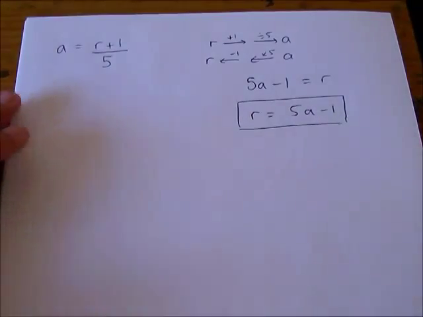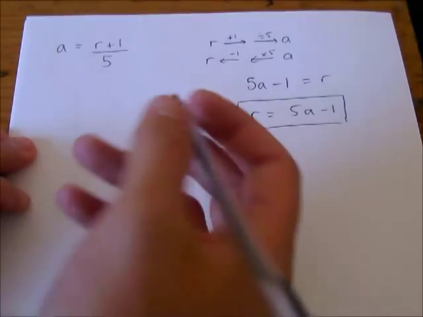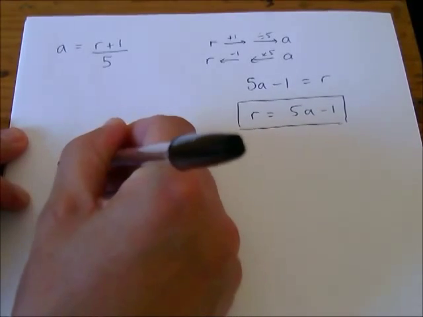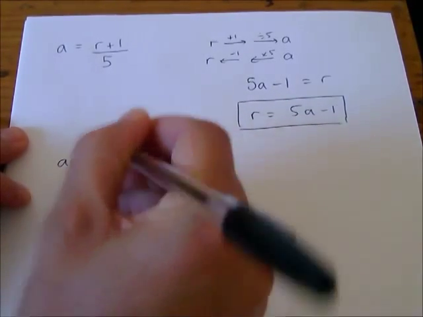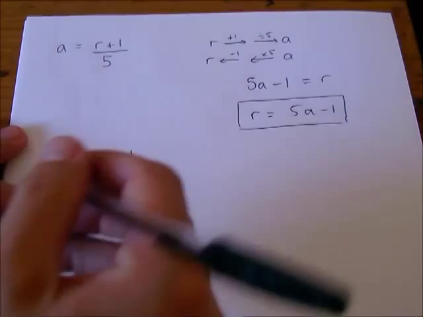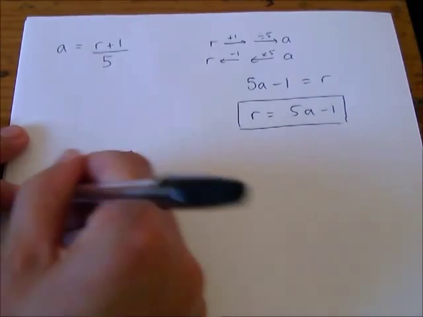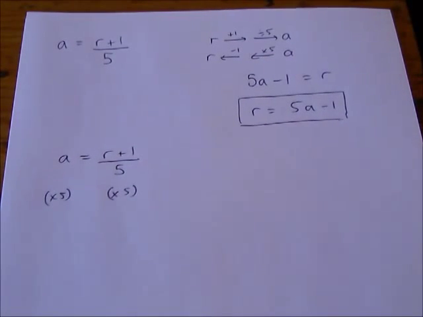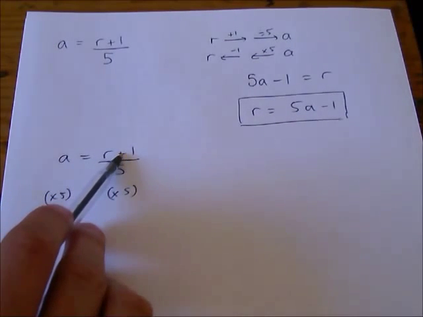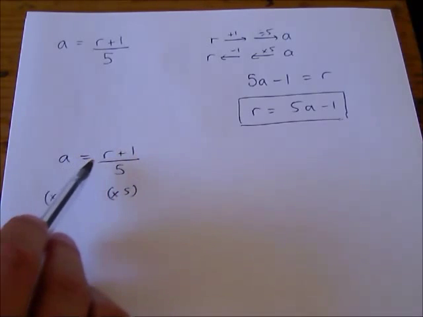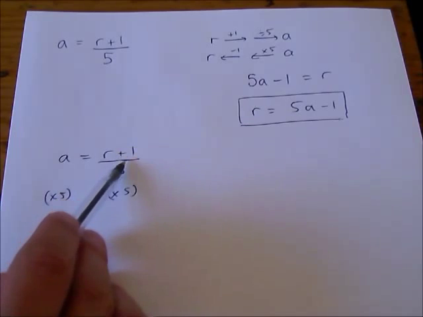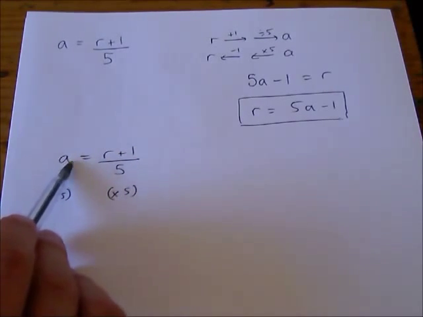It's not going to work on the next one that I show you then. So if you really want to be able to do this well, you're going to have to try to get to grips with balancing, and in this case I'm multiplying by 5 to begin with. I can't subtract 1 here, because if I subtract 1 from this bit, that's really worth 1/5, because it's been divided by 5. So I'd have to subtract 1/5 from here.